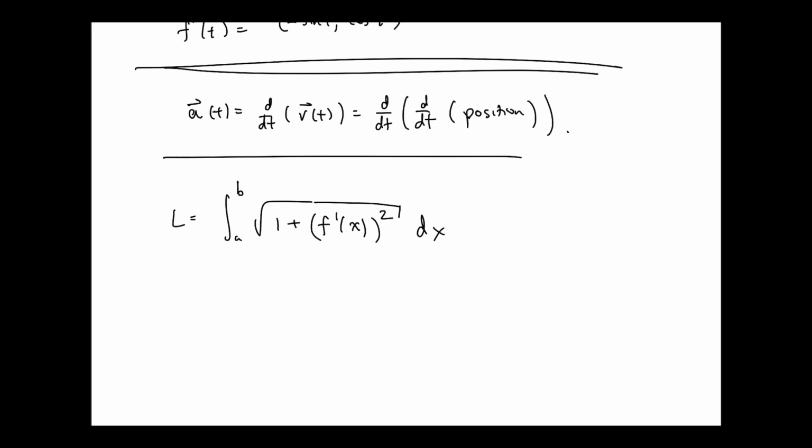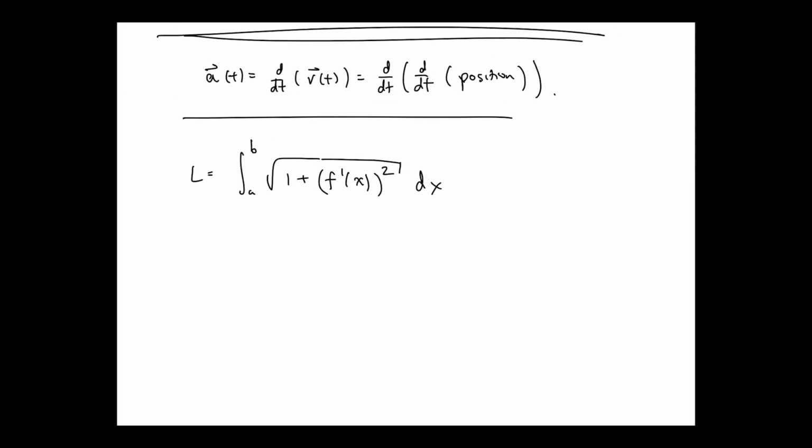The integral of the square root of 1 plus the derivative squared, dx. That was the version we looked at when we had functions of the form y equals f of x. If we do it parametrically, then it turns out to be this, which I like a lot better, personally.